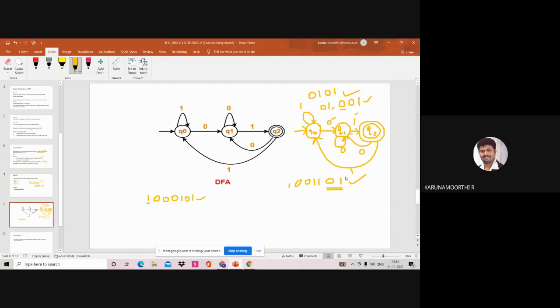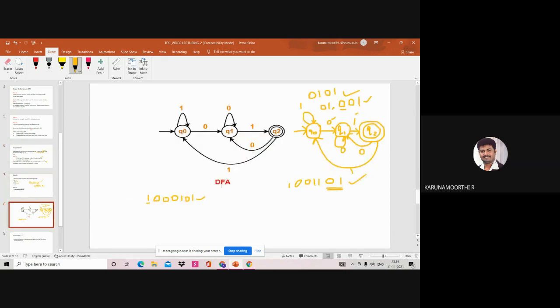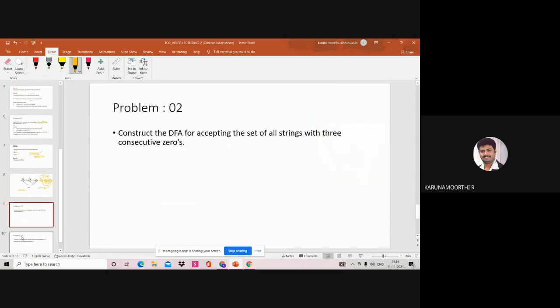These are the possible strings generated for this problem. I can generate any number of ones and zeros, ending with 0, 1. So for that, we construct the DFA in this manner. I hope everyone understands.